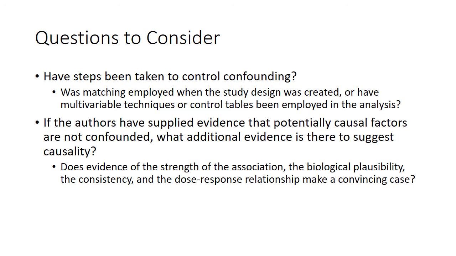Does evidence of the strength of the association, biological plausibility, or consistency make a convincing case? So what they're saying actually makes sense based on your knowledge of the disease processes or just the biological plausibility. You don't always want to take the author's word for everything. Make sure you're using your critical thinking cap when evaluating this stuff.